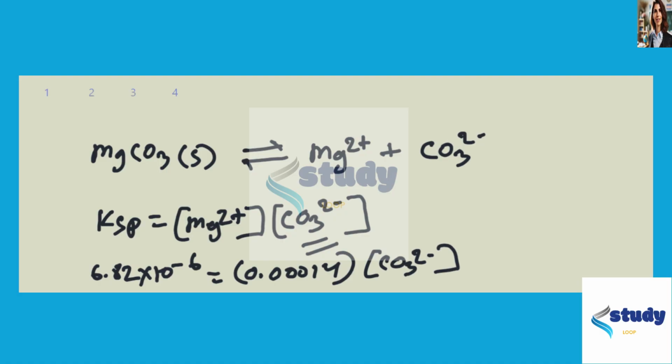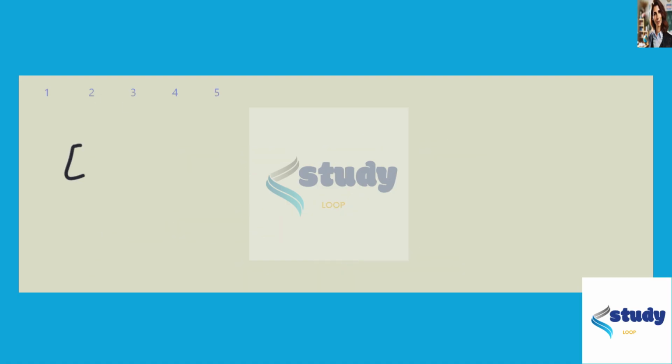If we solve this, we'll find the concentration of the carbonate ion as 0.0486 mole per liter.